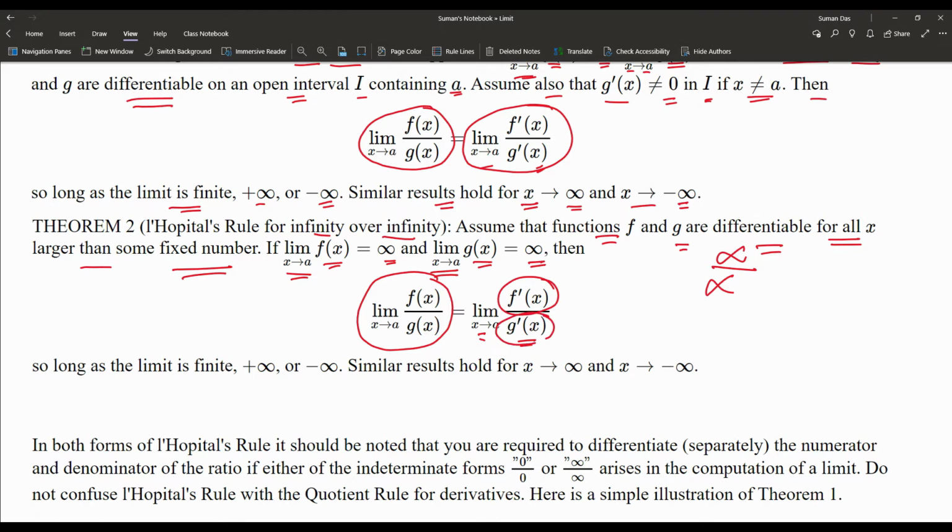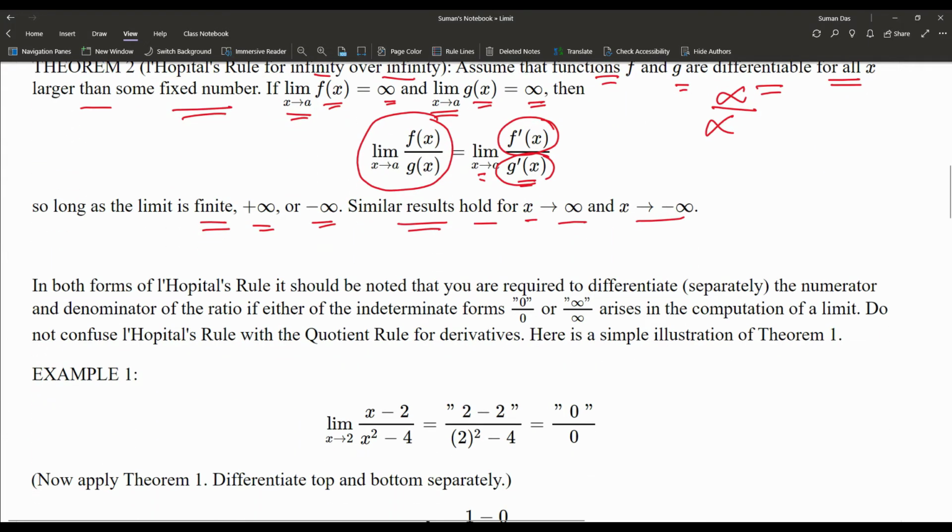And we can also use the second order or third order differentiation if after the first order we are still getting 0 by 0 or infinity over infinity. So long as the limit is finite, plus infinity or minus infinity, similar results hold for x tends to infinity and x tends to minus infinity. Once again, 0 by 0 or infinity by infinity is the condition for L'Hopital's rule.